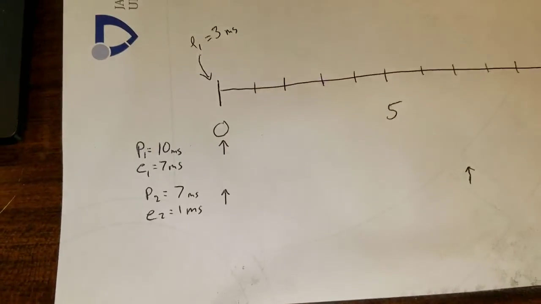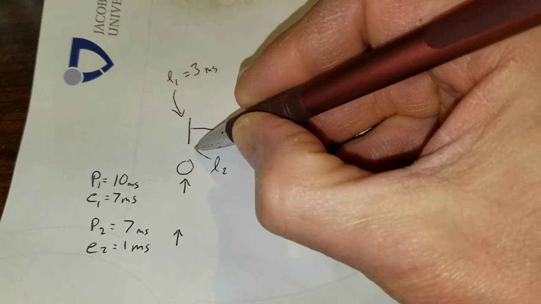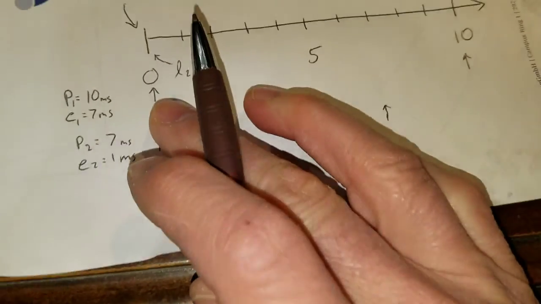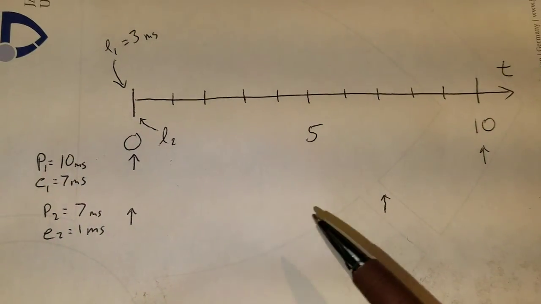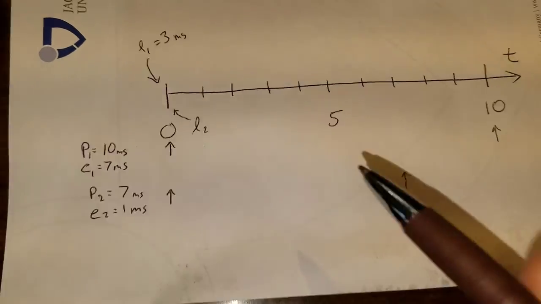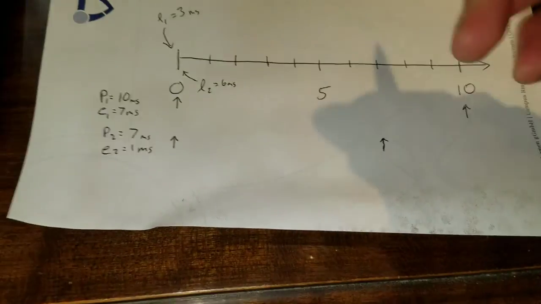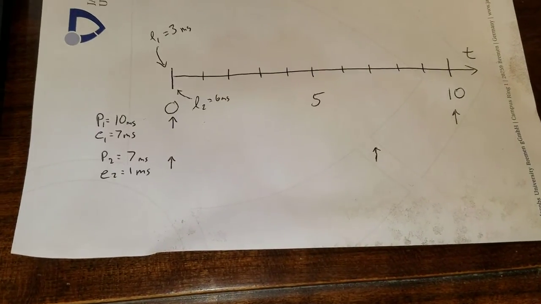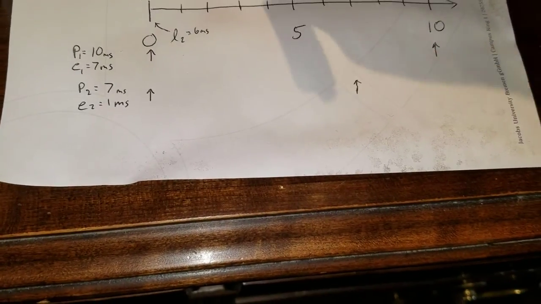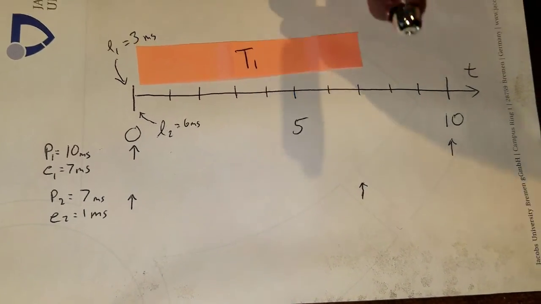So its laxity is 6 milliseconds: the deadline, only 7 milliseconds away, minus the execution time of 1. So we're naturally going to start task 1 first because it has the minimum laxity.